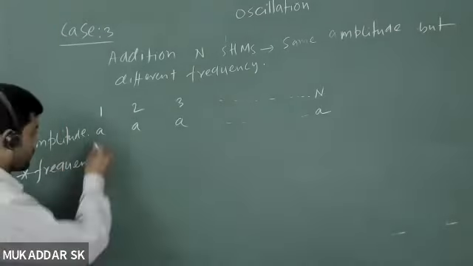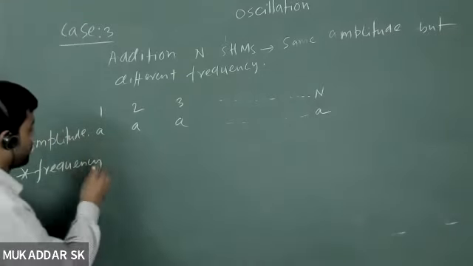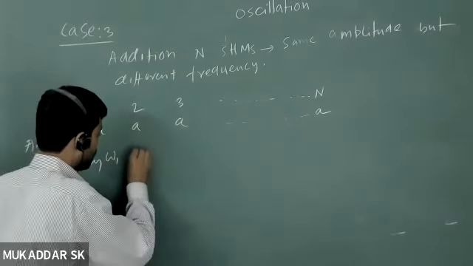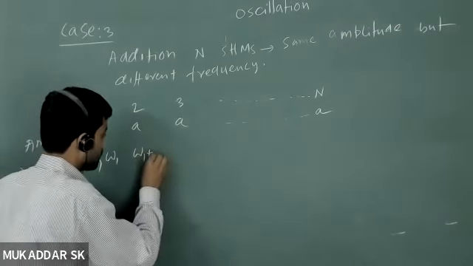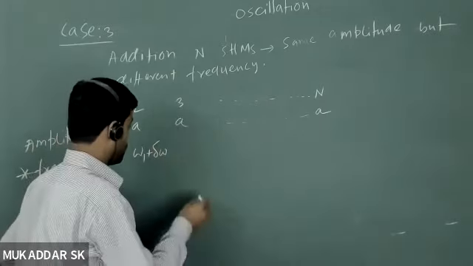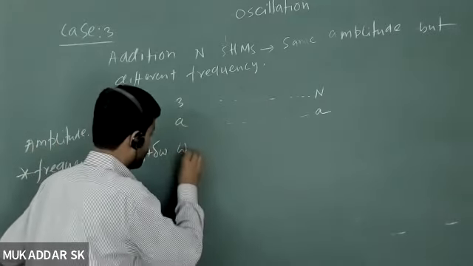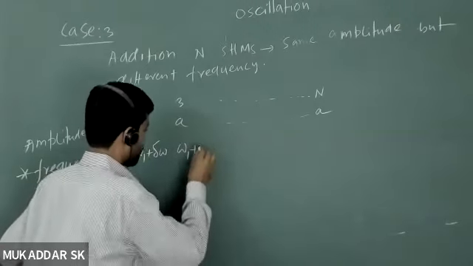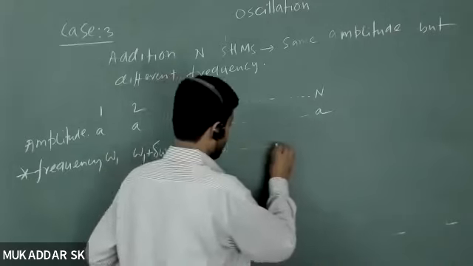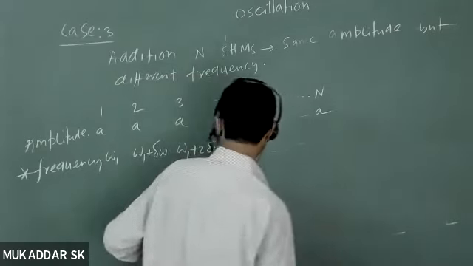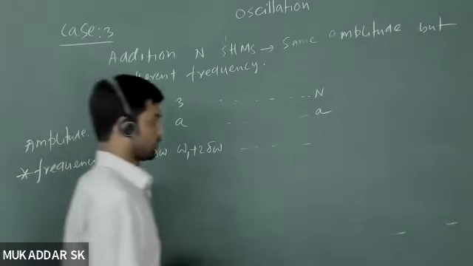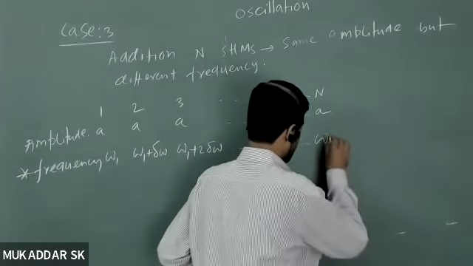Now frequency. For SHM number 1, let us assume the frequency is omega 1. For 2, it will be omega 1 plus delta omega. For SHM number 3, the angular frequency will be omega 1 plus twice delta omega. And for the nth SHM, let us take it as omega 2.